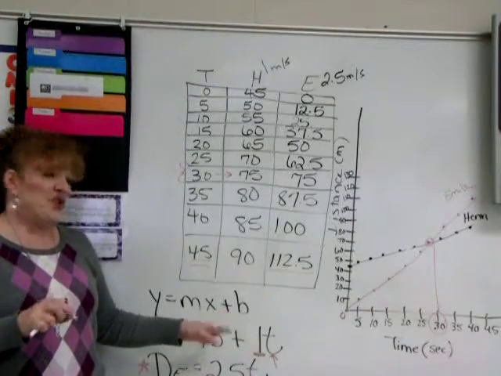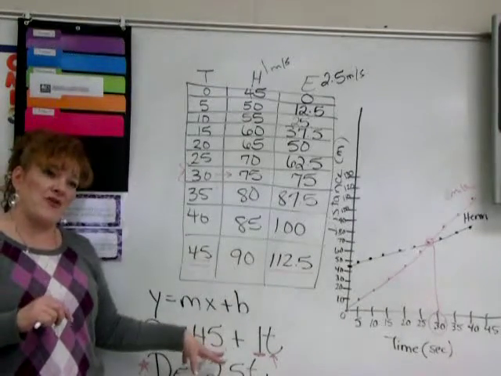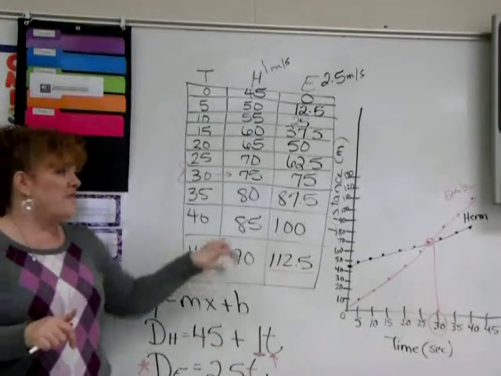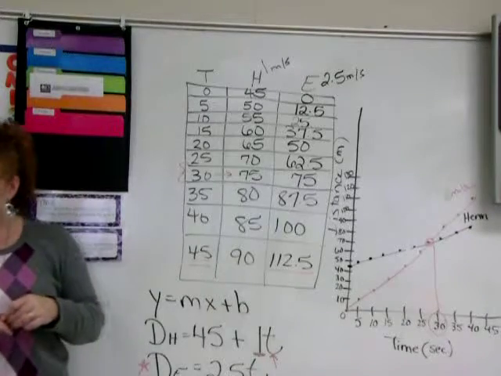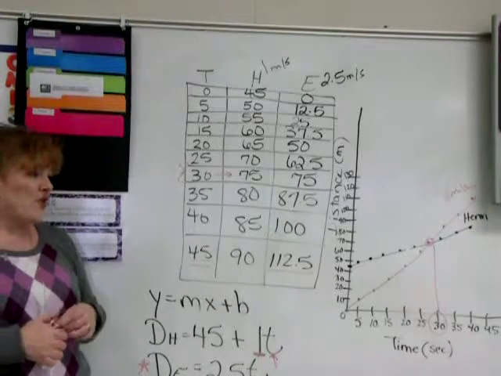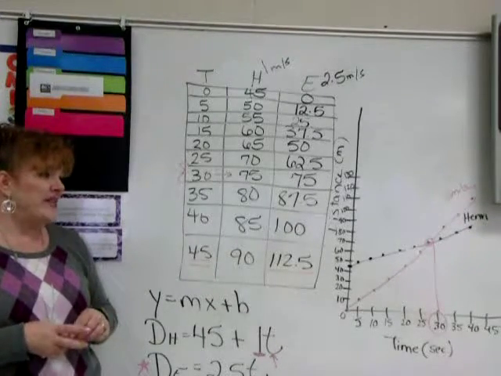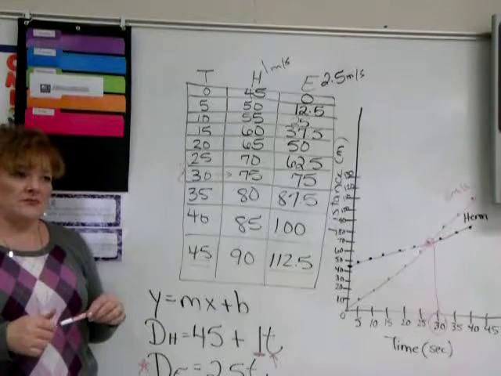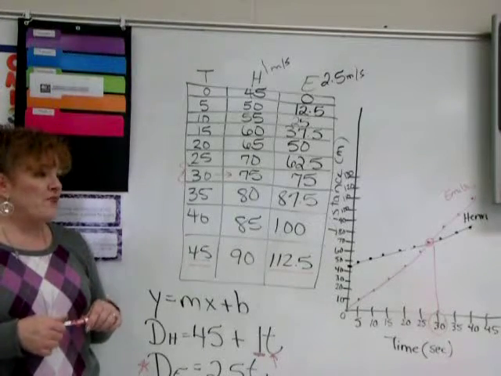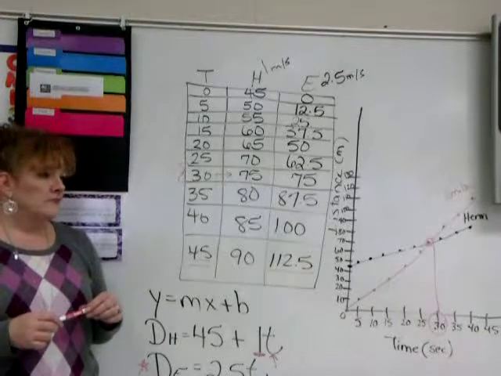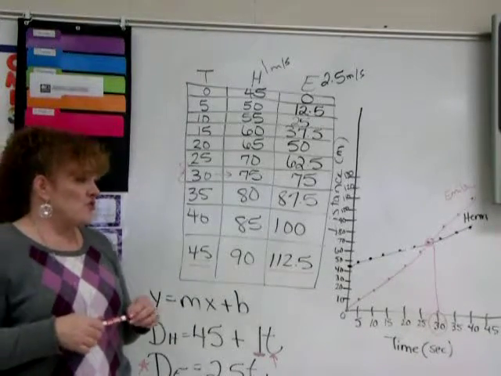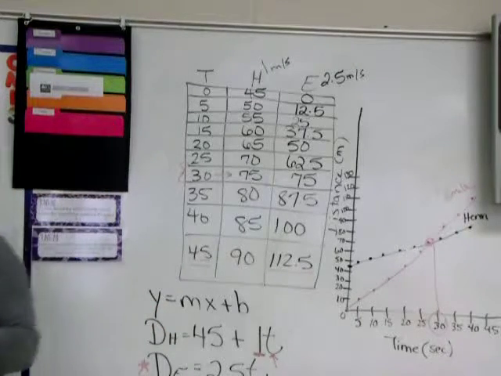Now what you're going to have to do is just take what you know now about the three things that are up here, the table, the graph, and the equations, and answer those questions. On page 30 and 31, you're answering 2.2. Any questions before you start working on the question? Okay, if you have a question as you're working, raise your hand and I'll come around and help you.